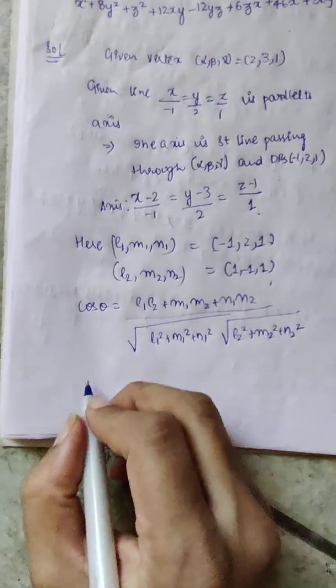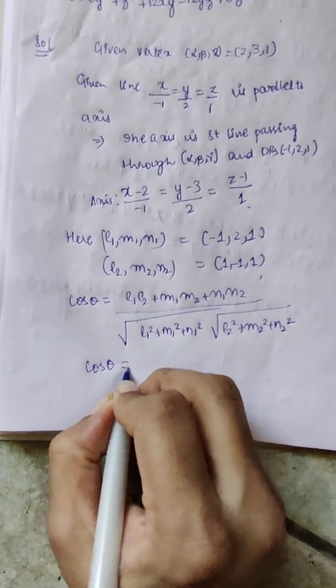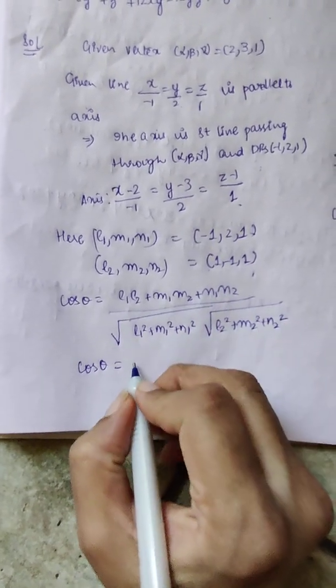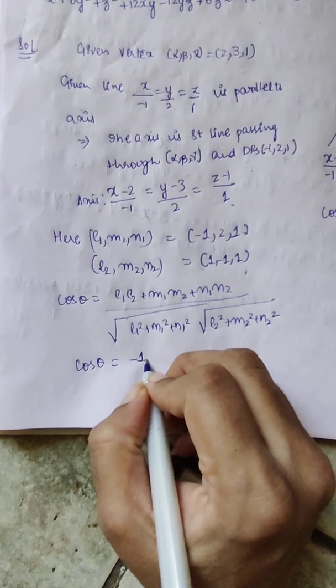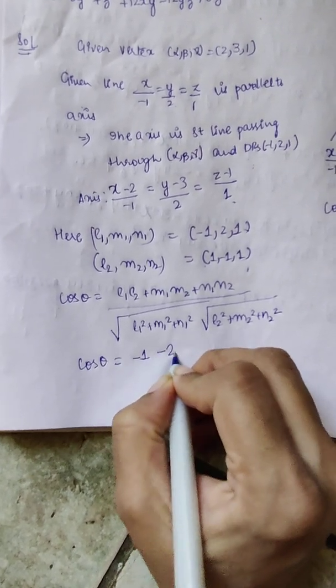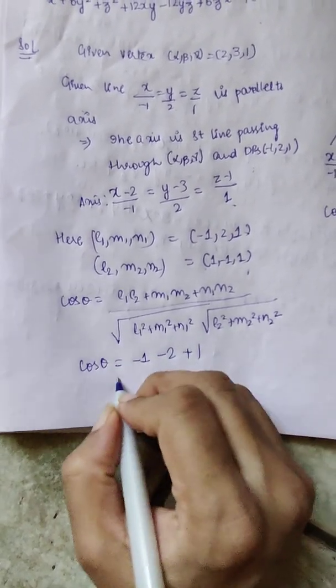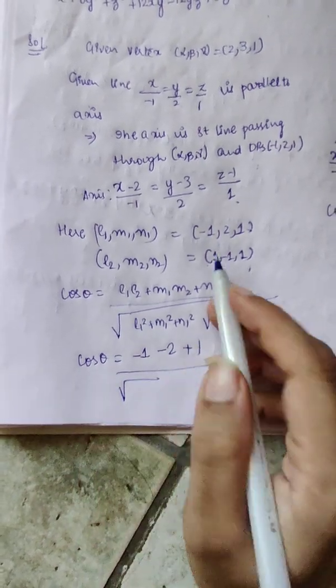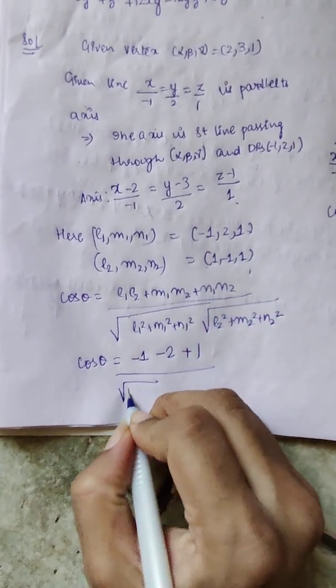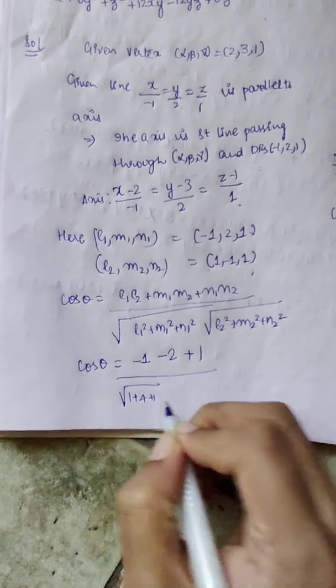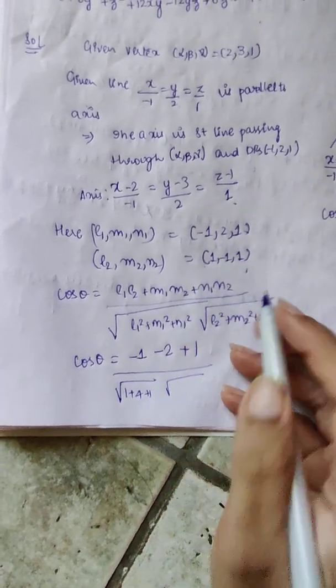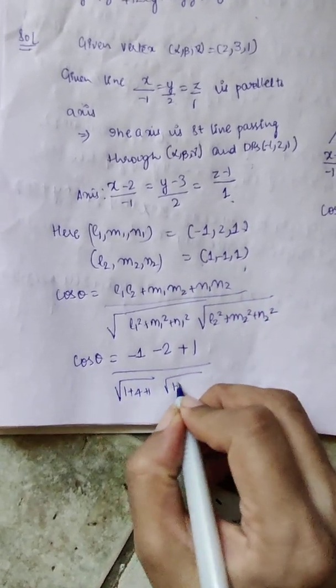Let us start plugging in everything in the formula. So my cos theta would become L1 L2, minus 1, plus M1 M2, minus 2, plus N1 into 1, whole divided by under root of 1 plus 4 plus 1, into under root of 1 square plus 1 square plus 1 square.